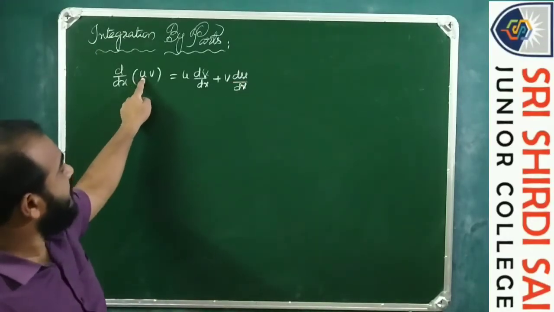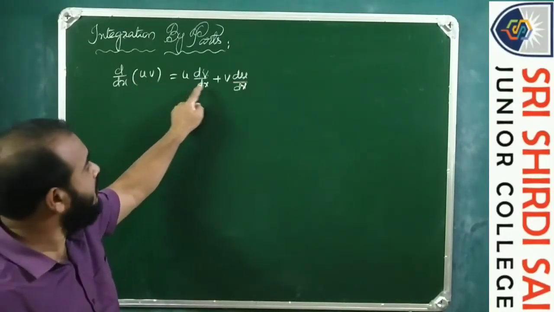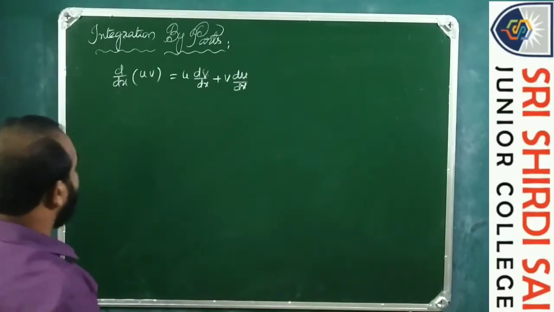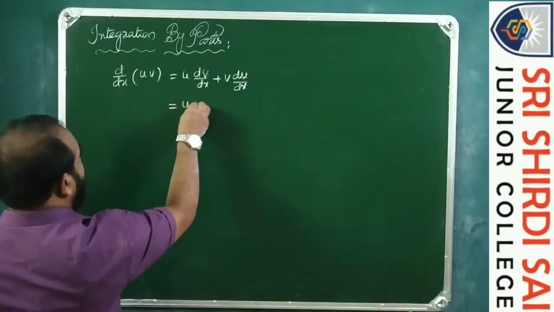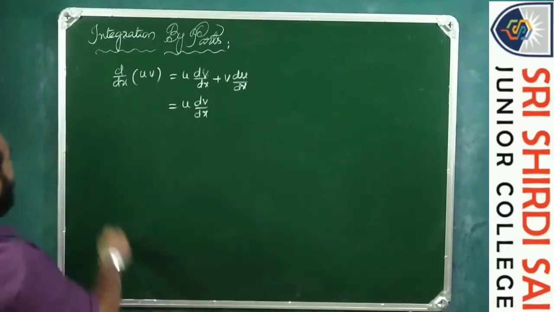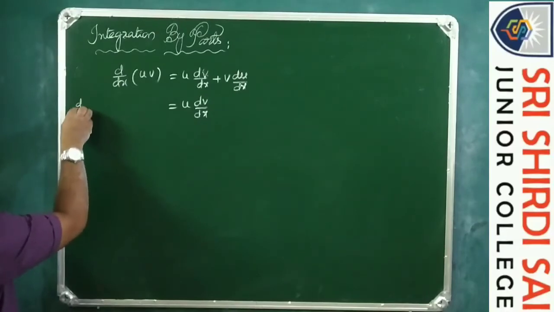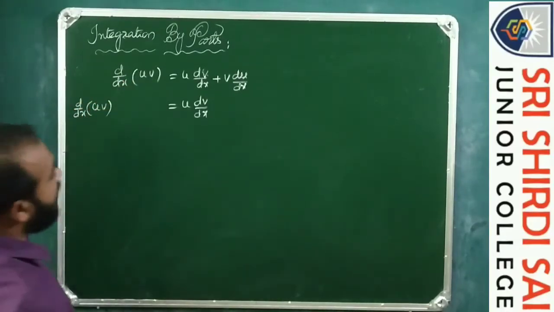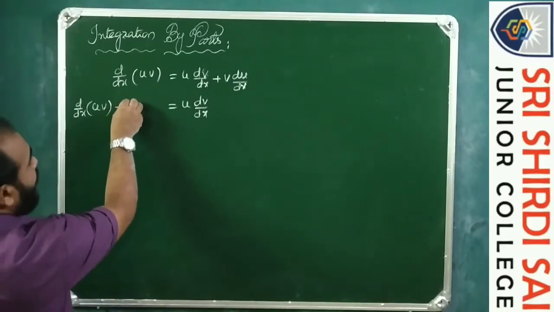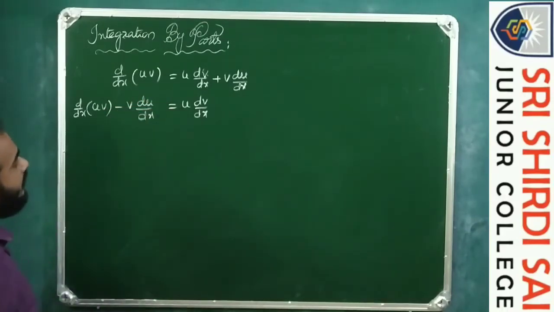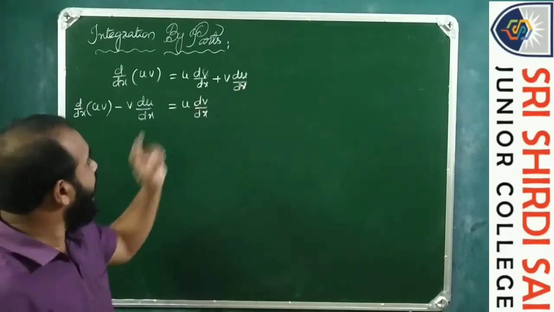That is, first function into d by dx of second function plus second function into d by dx of first function. So u into dv by dx is equal to d by dx of uv minus v into du by dx.